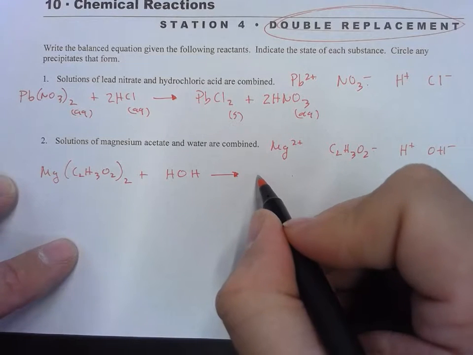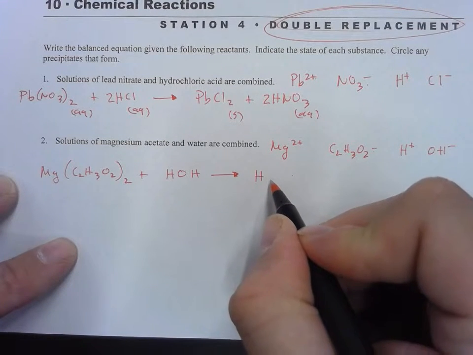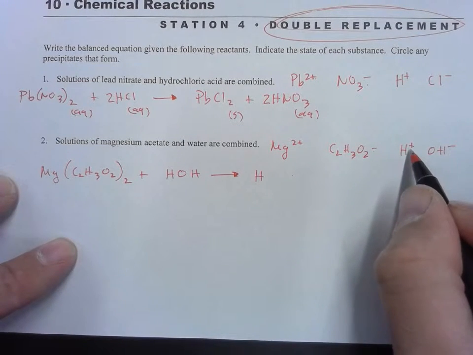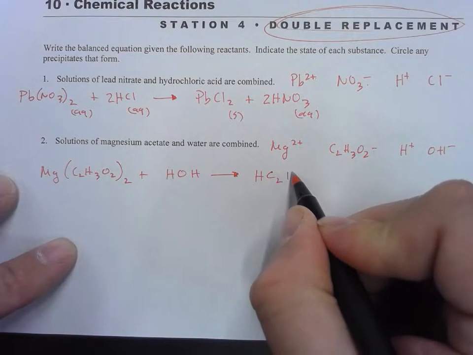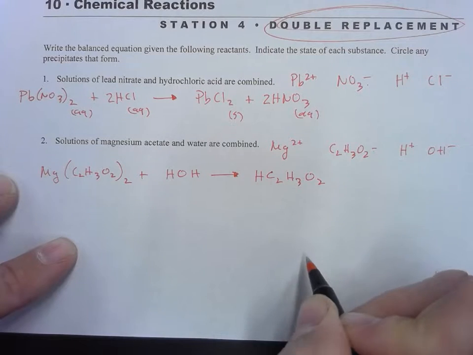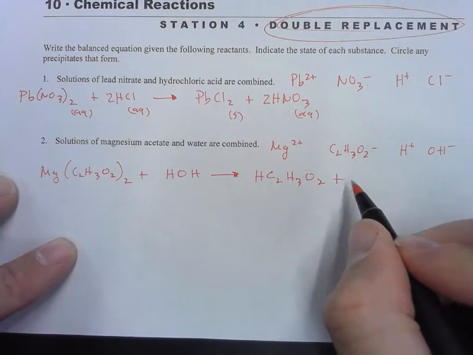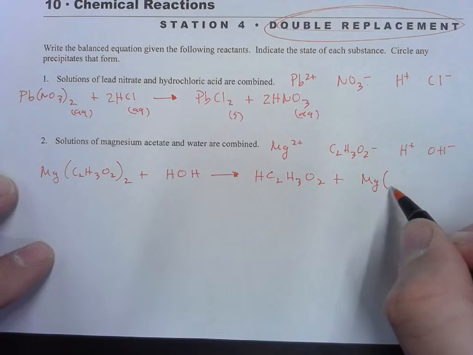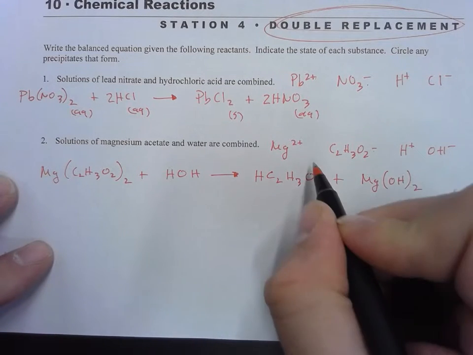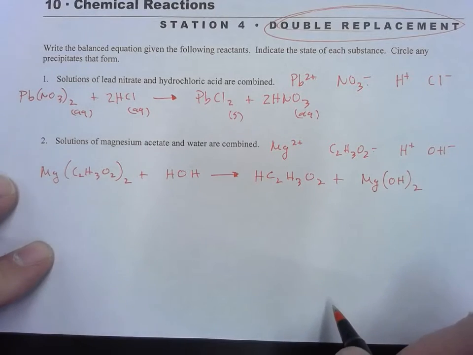So I get H. How many of them do I need? 1 H to balance out the acetate. HC2H3O2, which is acetic acid, and magnesium hydroxide, Mg(OH)2, because that's a +2 charge and a -1.